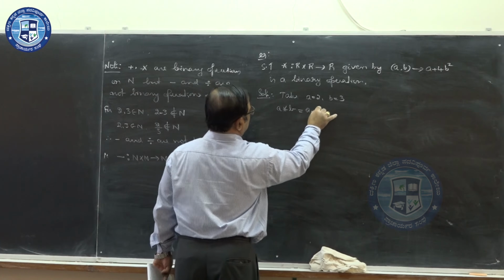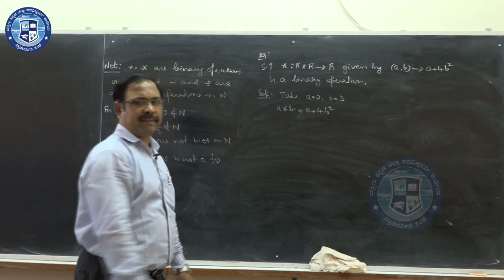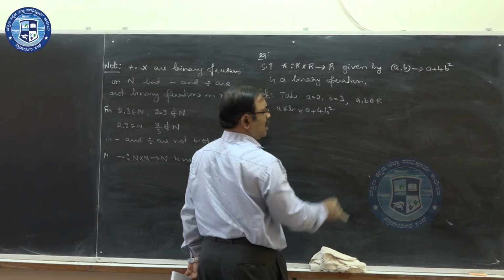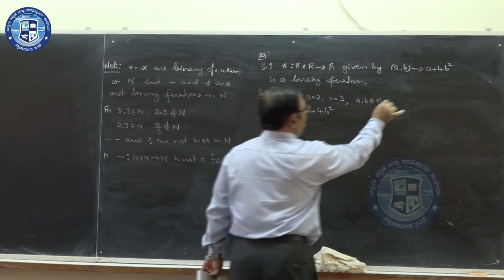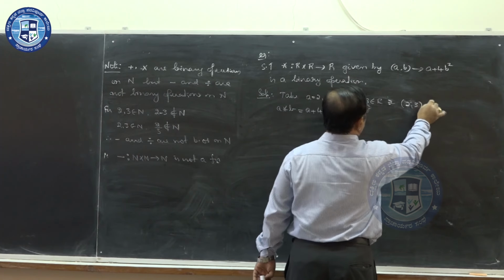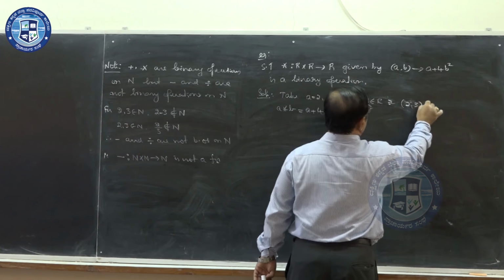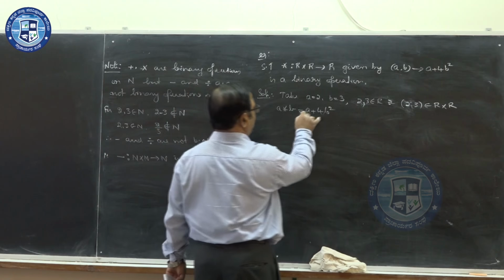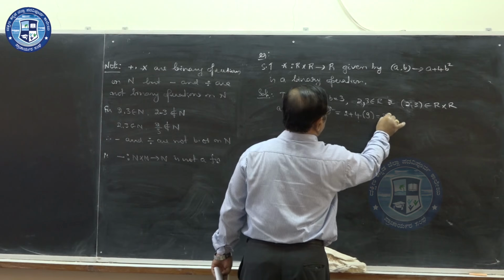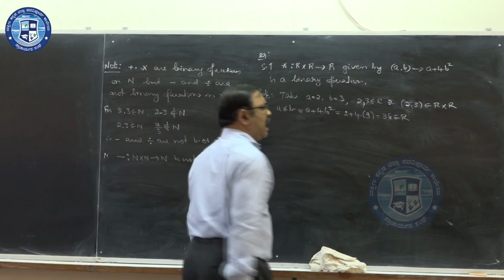A star B is given by A plus 4B square. So here A comma B, this is 2 comma 3, belongs to R cross R. Now what is A star B? A plus 4B square. A is 2, and 4 into B square, so this is 38, which belongs to R.